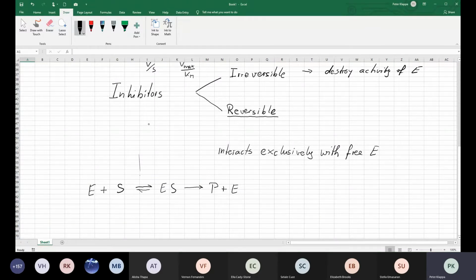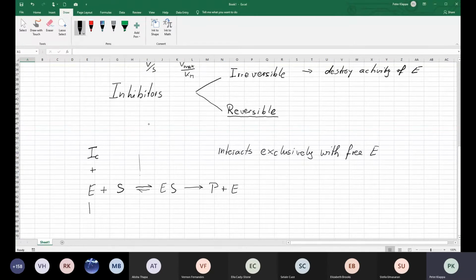We are only interested in inhibitors that interact with the enzyme. So what we can do is say, we have an inhibitor, and I write it like I for inhibitor. And in this case, I add a little C here at the bottom. I'm not saying that all inhibitors do that. So we have an inhibitor, and this inhibitor interacts exclusively with the free enzyme.